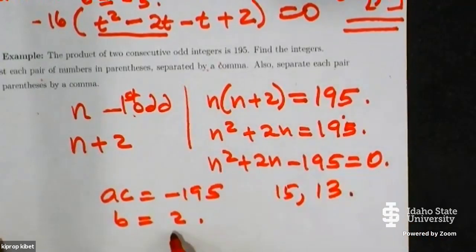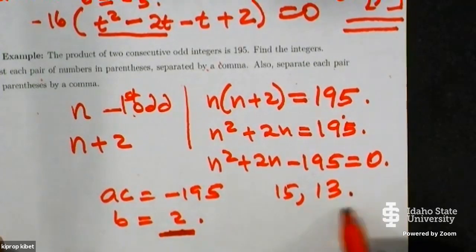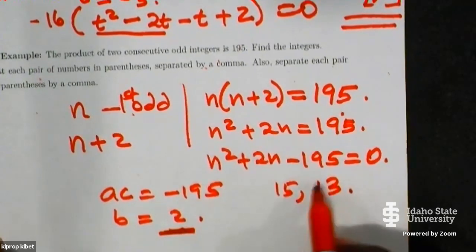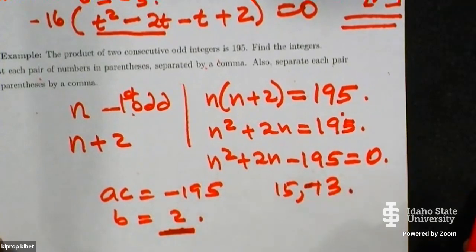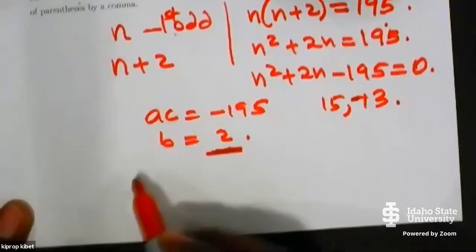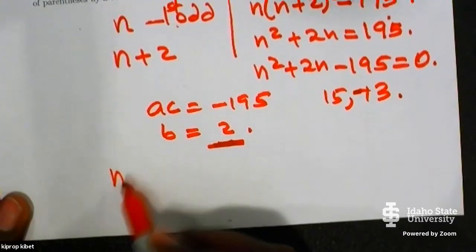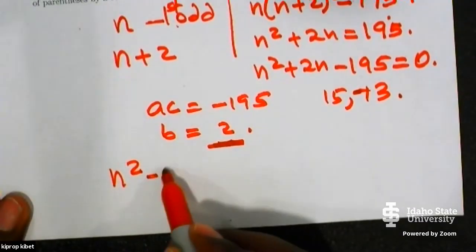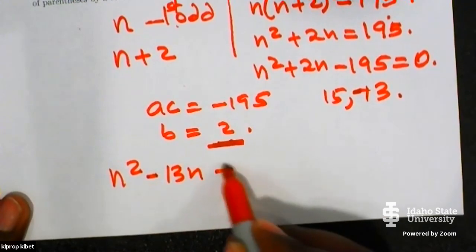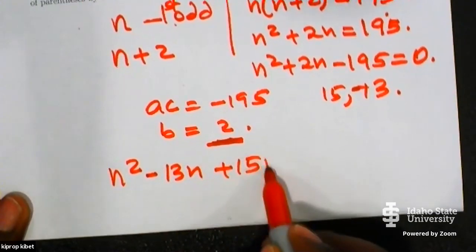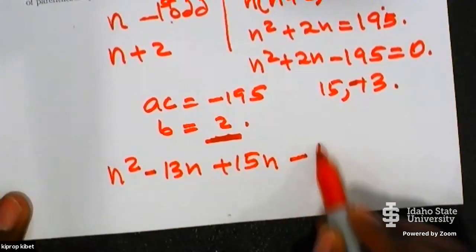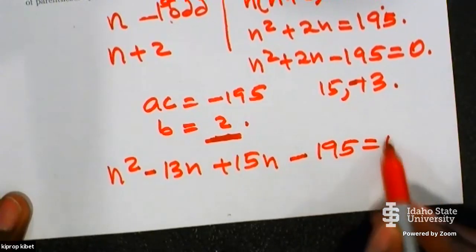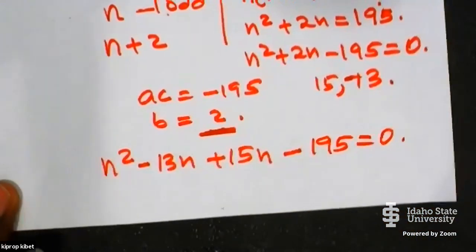Now we want to get the sum as positive 2. So which one would be minus? 13, right? So 13 will be the minus there. So then our equation will be n squared minus 13n plus 15n minus what? 195 equals to 0.